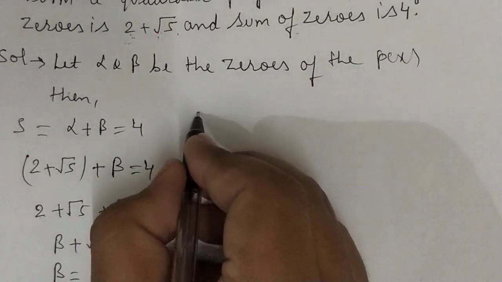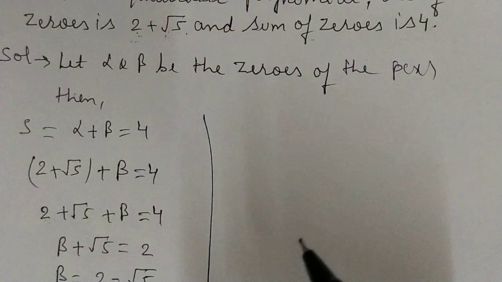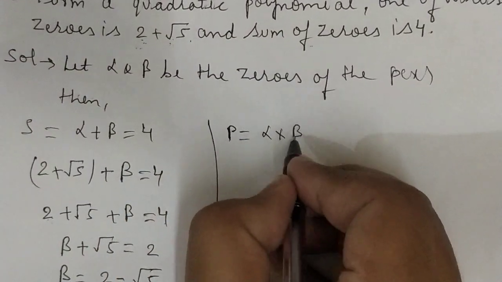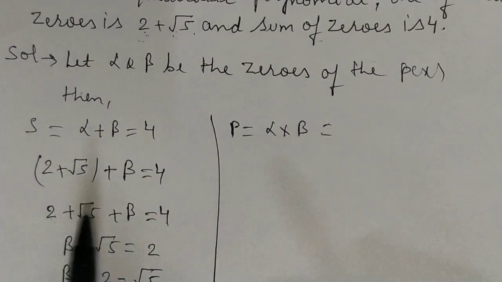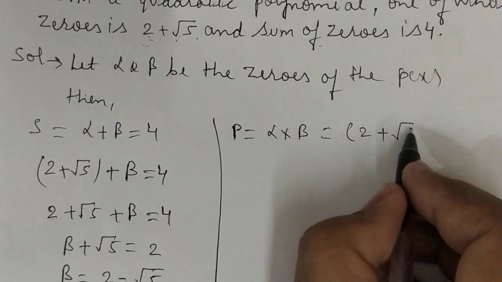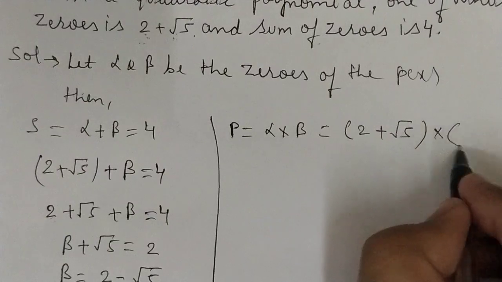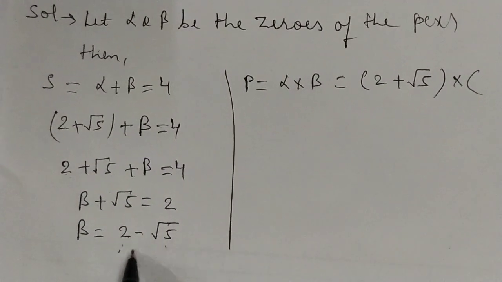In the same way we have to find the product of roots. To get the polynomial, we have to find the product also. So product is alpha into beta. If you see, what is the value of alpha? 2 plus root 5. So at the place of alpha I am writing 2 plus root 5 into, what is the value of beta? See here, 2 minus root 5.